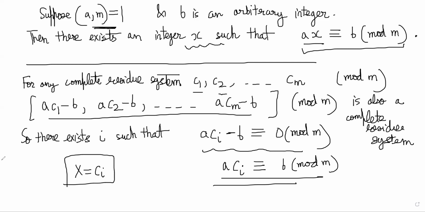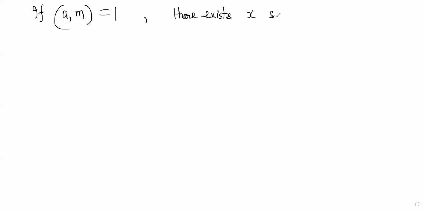Now, we'll do a special case of this equation. If GCD of a and m equals 1, we know there exists x such that ax is congruent to b mod m.